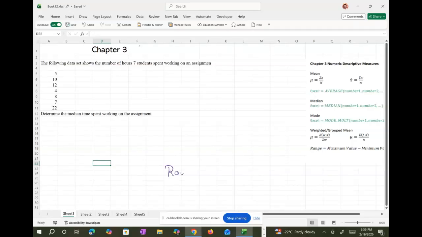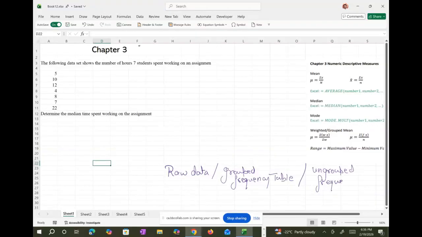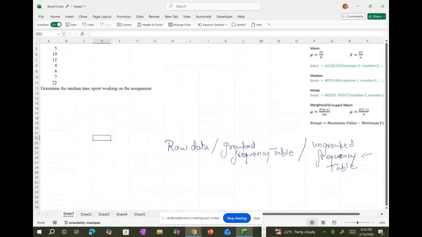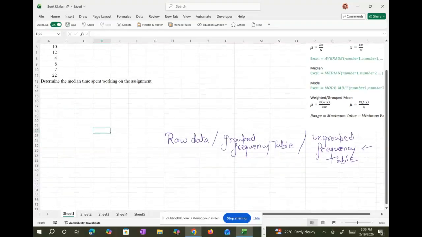So raw data versus grouped frequency table, and then the third one is ungrouped frequency table. Now we need to understand the difference between these three things. If you understand the difference between these three things, only then you will be able to solve these questions efficiently.